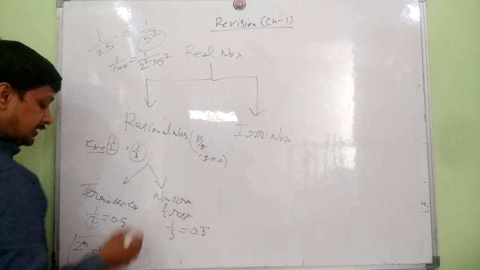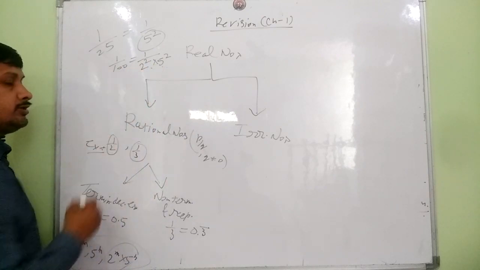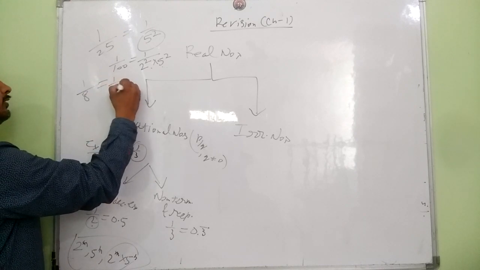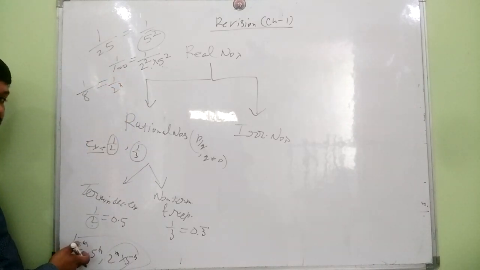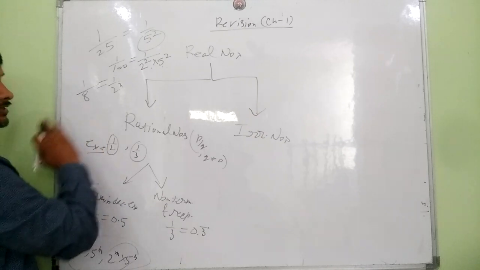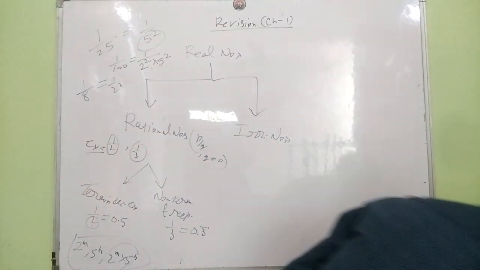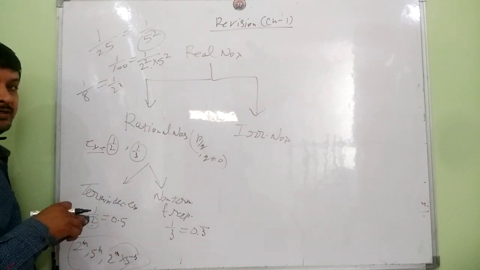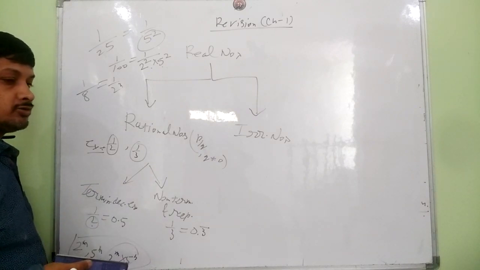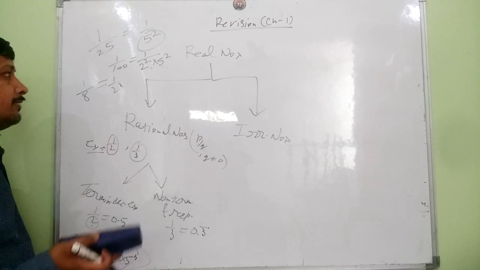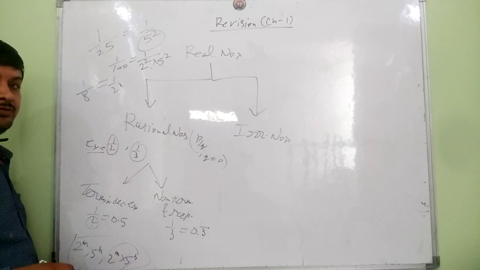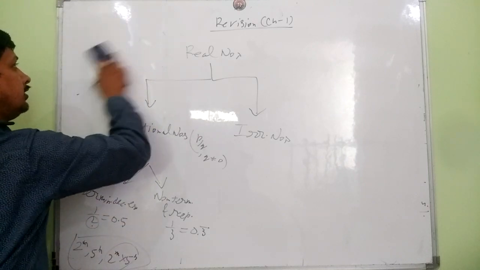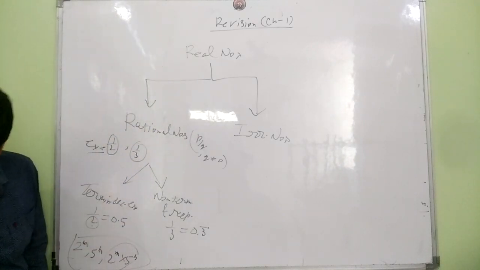So it is in the third form, so it is also terminating. Then 1 upon 8 is 1 upon 2 to the power 3, so it will also have a terminating decimal expansion. This way, we can know without division, because if in a multiple choice question a big number is given and you are dividing, you will just waste your time. So you have to know the shortcuts also.